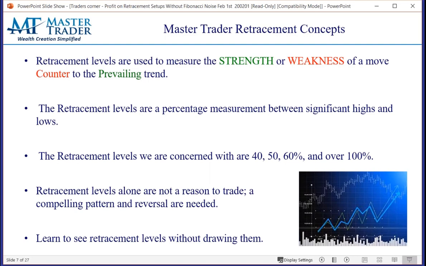We're not going to be using Fibonacci. I keep repeating that. We're just going to eyeball how deep it retraced and what messages that conveys, not only as to the strength or weakness of it, but to give me the predetermination of what I think the stock's next move is going to be.